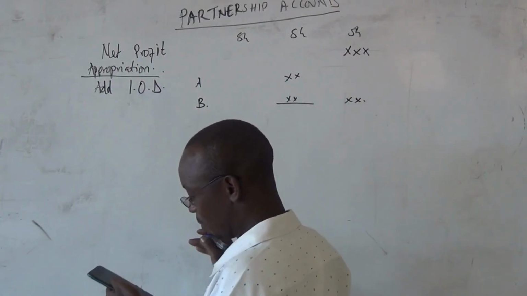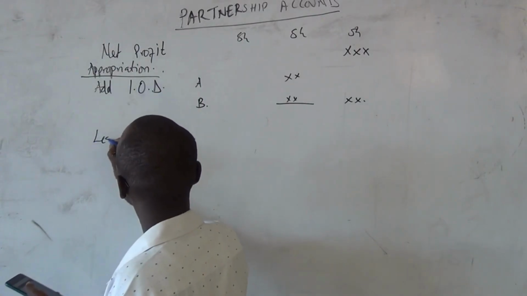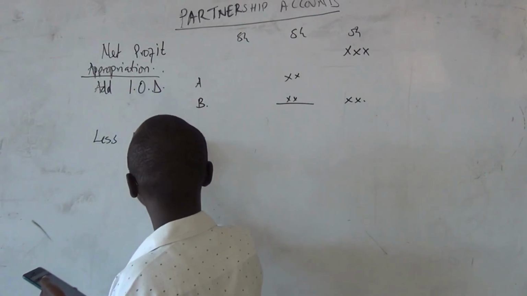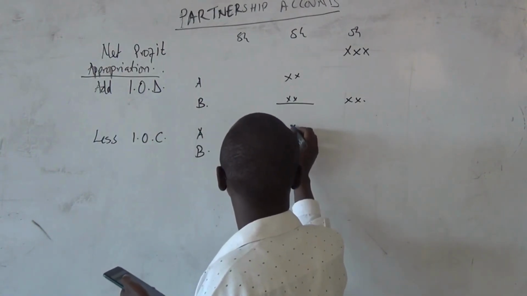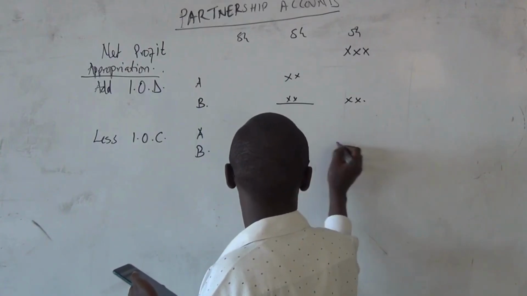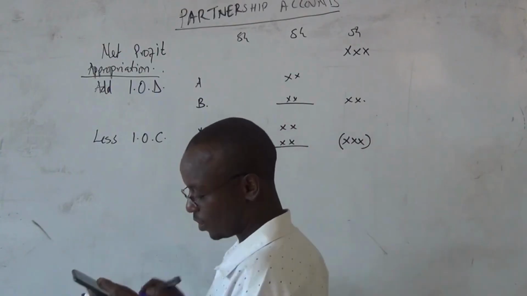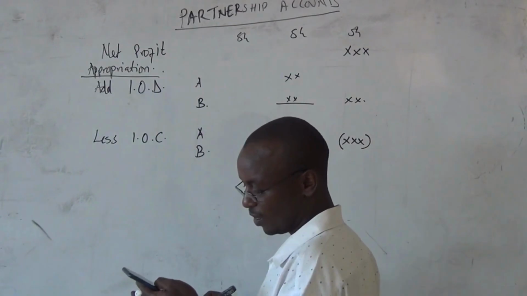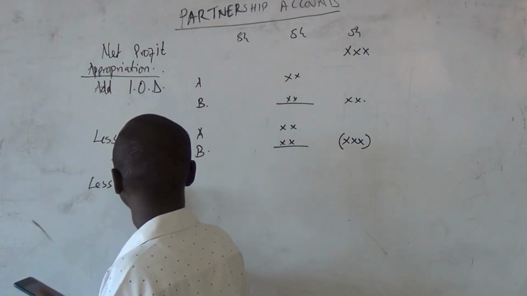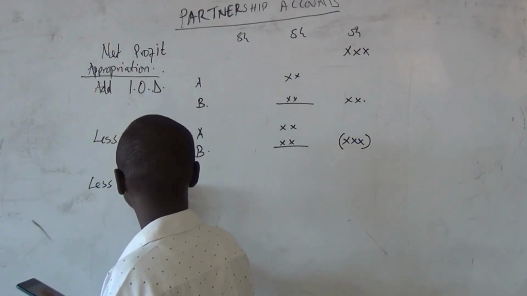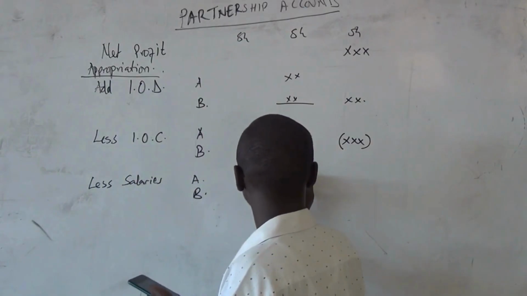Then what else? Interest on capital: you less interest on capital, A and B, you add these two, you bring the final figure here, and this is minus. Then you less salaries, A and B, the names of the partners.